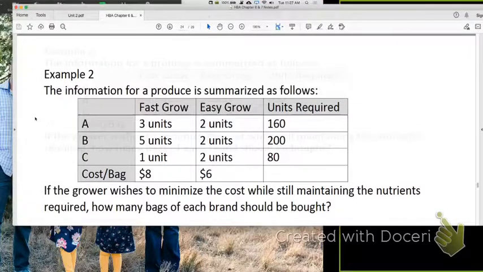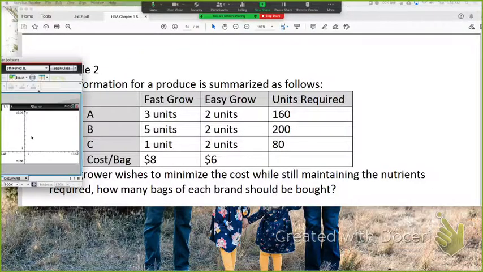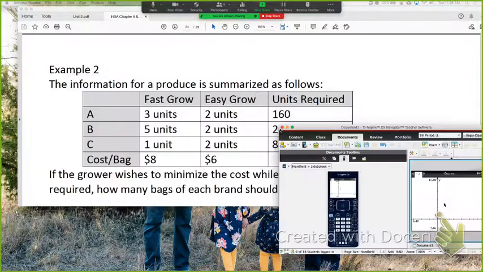All right, so take a minute on your own papers. Solve all three of those for y for me while I pull up my calculator, okay? Solve all four of them for y. If you want to do it on your calculator and follow along, feel free. I'm going to pull this up, and we're going to graph.